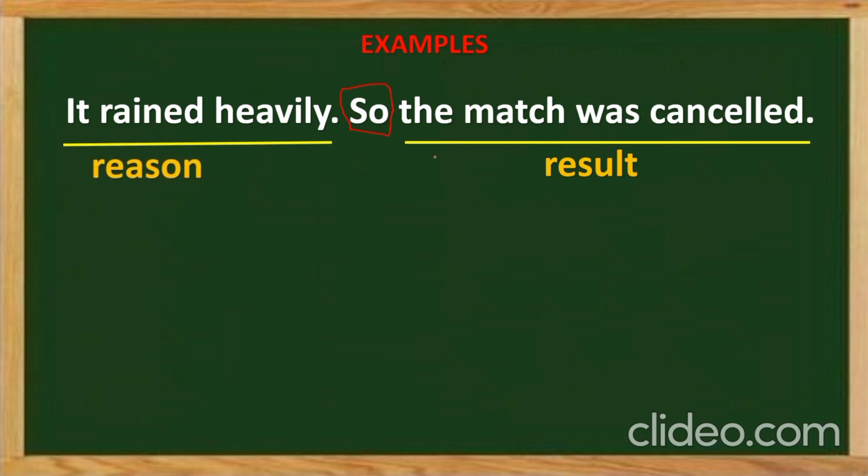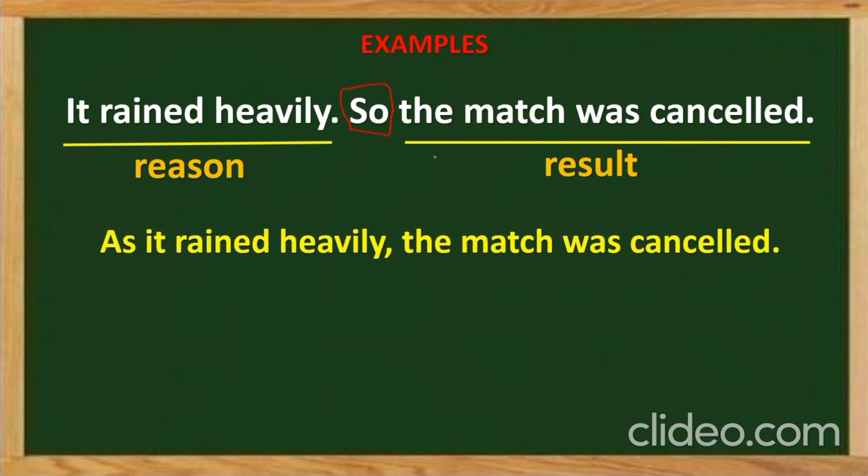So now let us write this using as. It looks like this if we use as. Here we used as before the reason. This is the reason, it rained heavily. Then the result followed. In between these two clauses we used a comma.